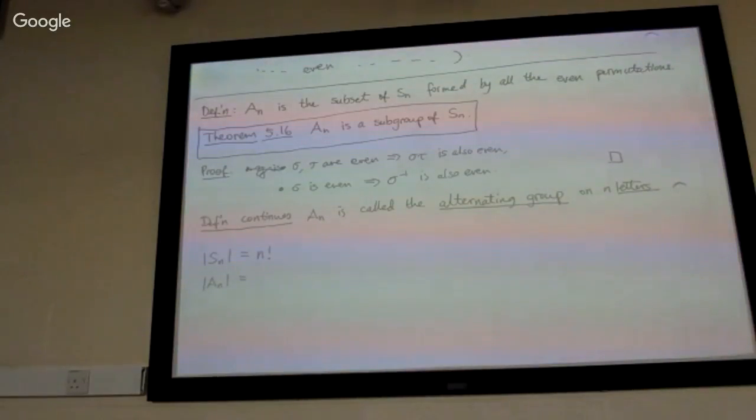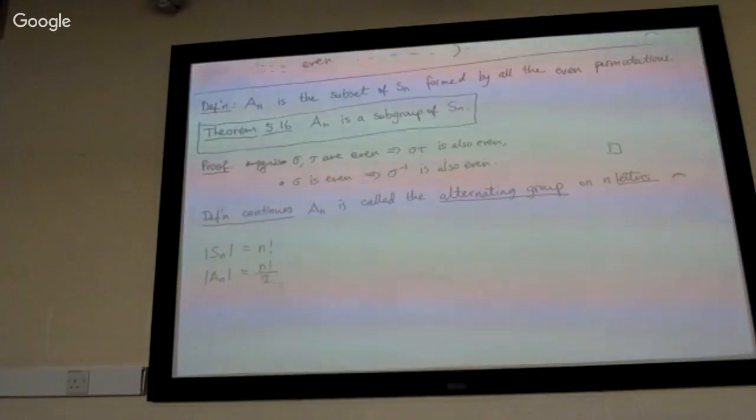That's also a guess. Let me go back to it, it's on the bottom of the page. Yes, you were right, it's n factorial over 2, which basically says that it's half of the whole symmetric group. Whereas n over 2 factorial is a very, very tiny proportion.